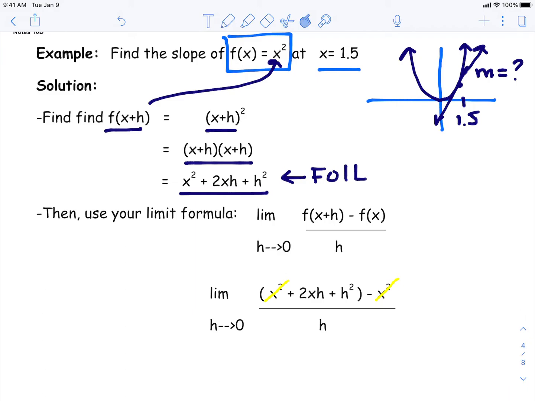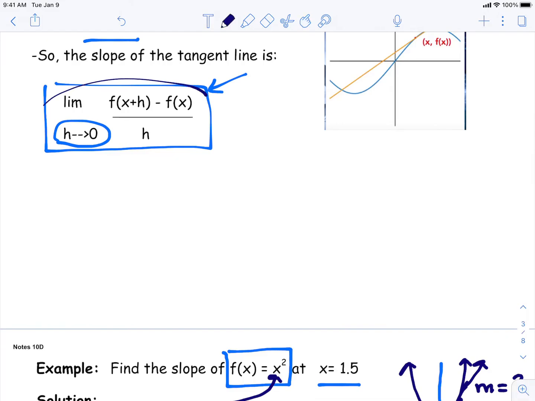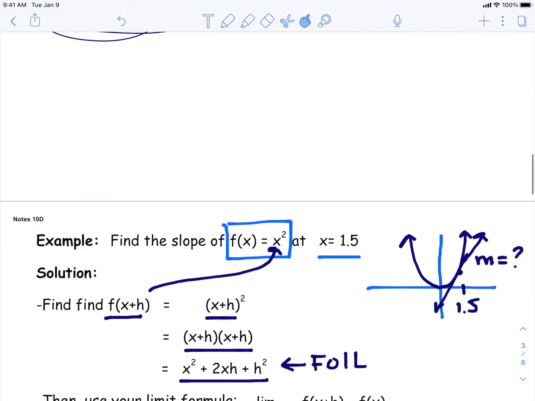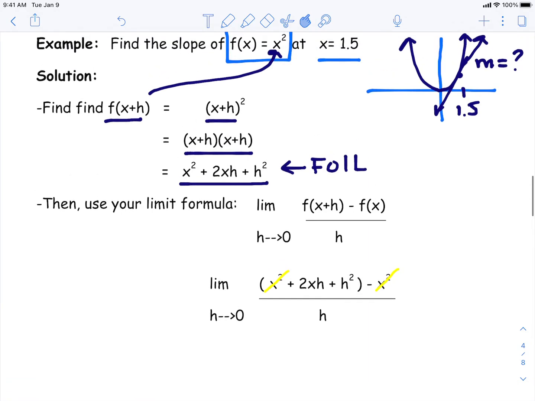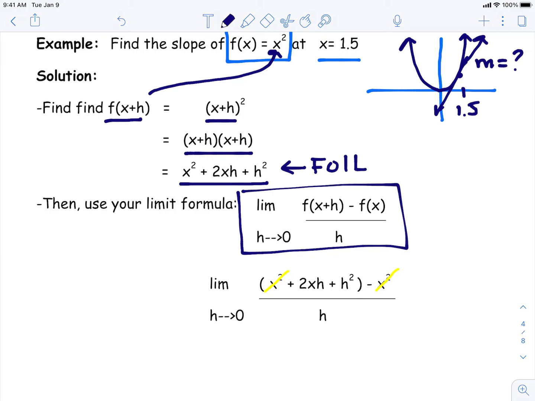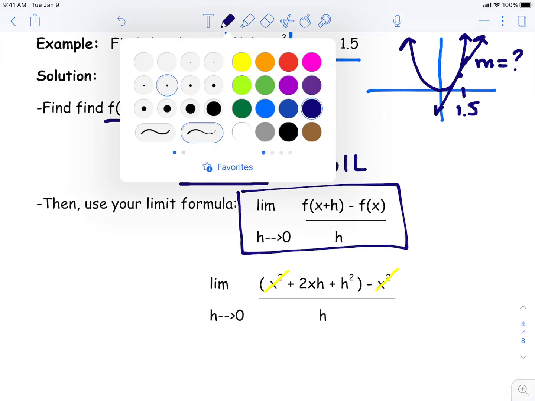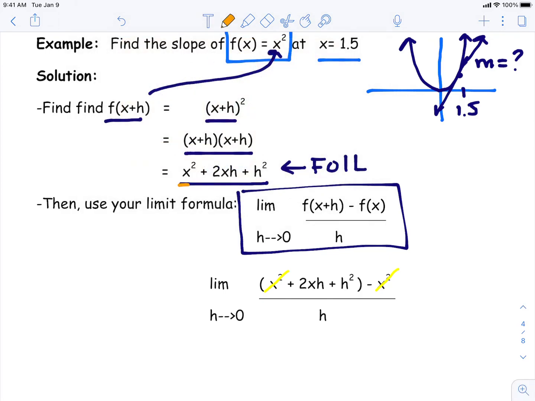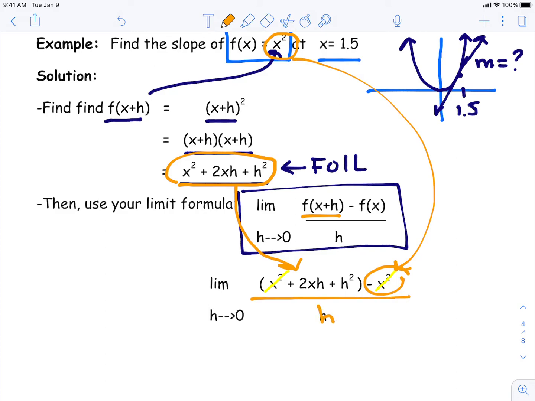Now we're going to use our limit formula. So here's our limit formula. And we're going to substitute what x plus h is in for the first piece, and then we're going to subtract the function, and then we divide it all over h.